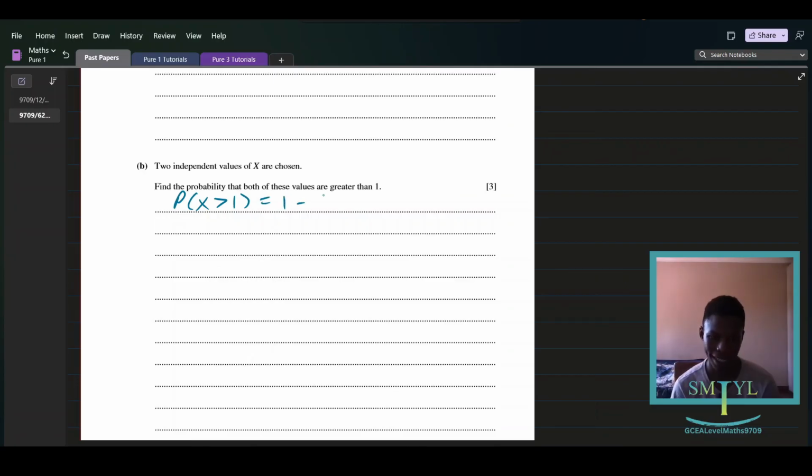We can write that as 1 minus the probability that x is less than or equal to 1, which is 1 minus the probability that x is equal to 0 or 1. We can write that as 1 minus e to the negative lambda, where lambda is 2.4, times 1 plus 2.4. This would be the probability of only one of these values being greater than 1.